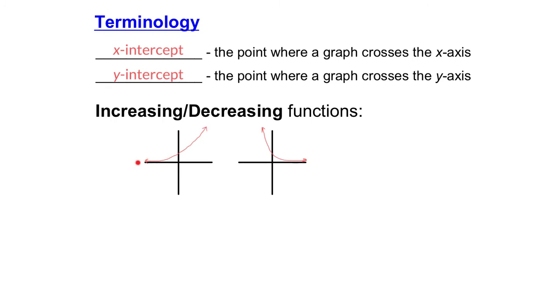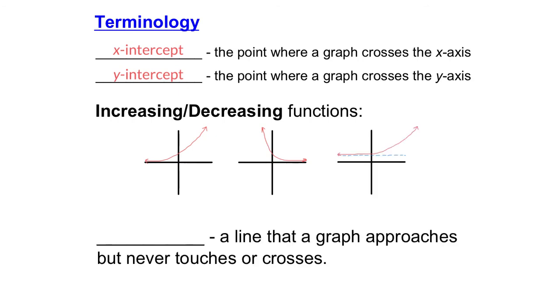So as you move from left to right through the function, it trends upwards. That's called an increasing exponential function. If it's the opposite, if as you read the graph from left to right, the graph decreases, we call that a decreasing function.